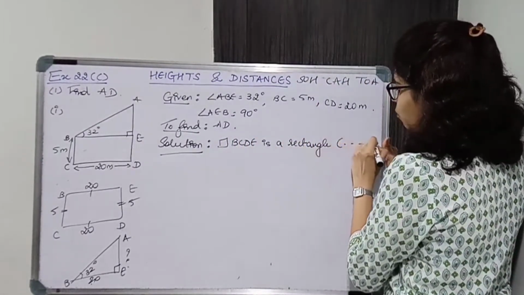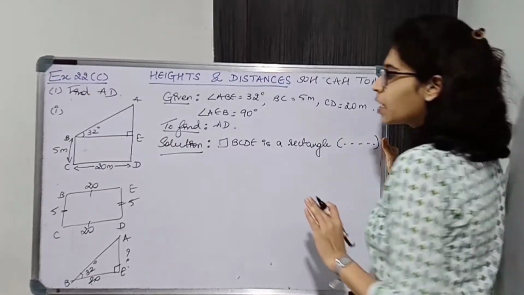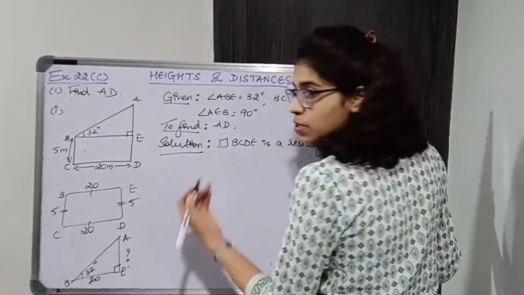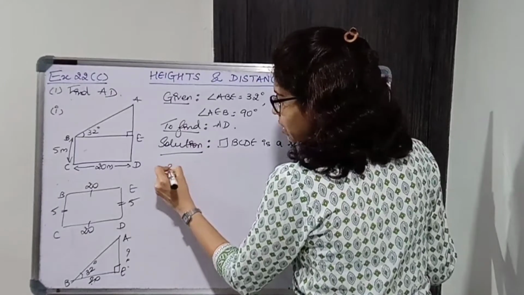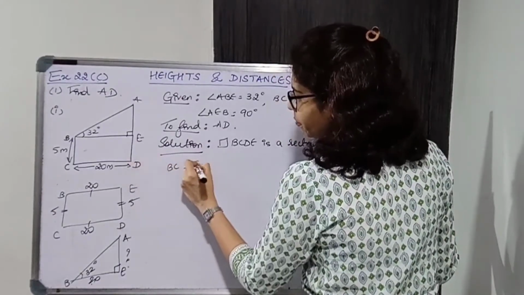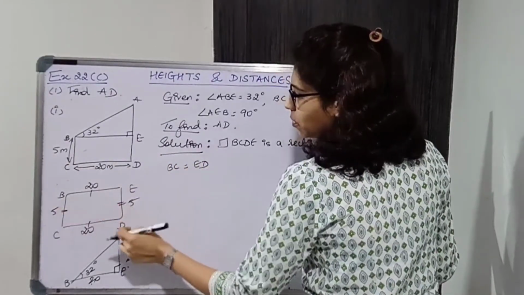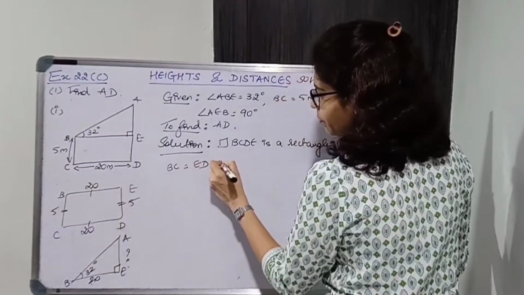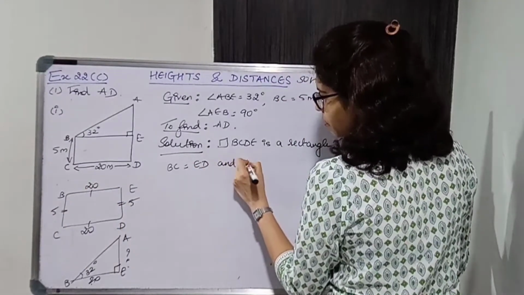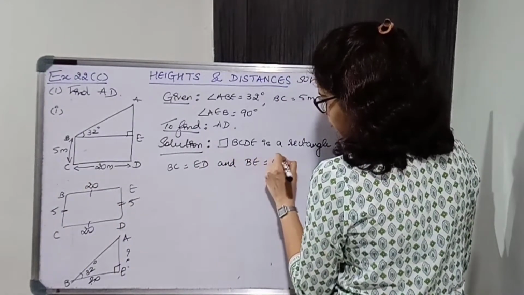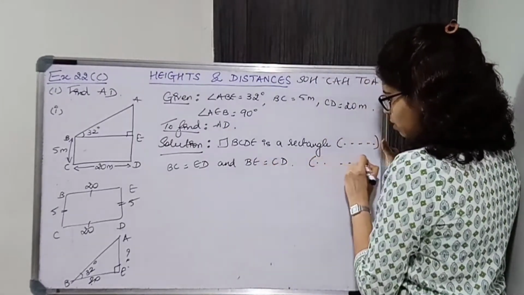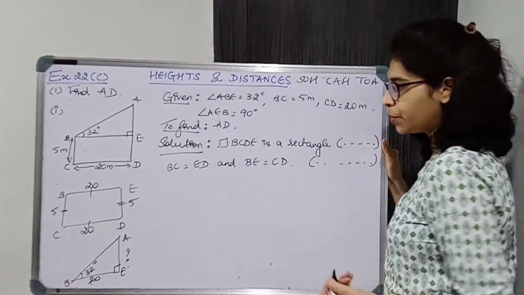Just write down the reason over here: from figure. Now since this is a rectangle, I can say opposite sides are equal. So BC is equal to ED. Opposite sides are equal and BE is equal to CD. Write down opposite sides of a rectangle are equal or congruent.